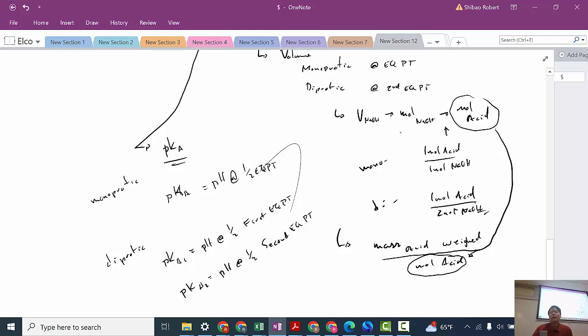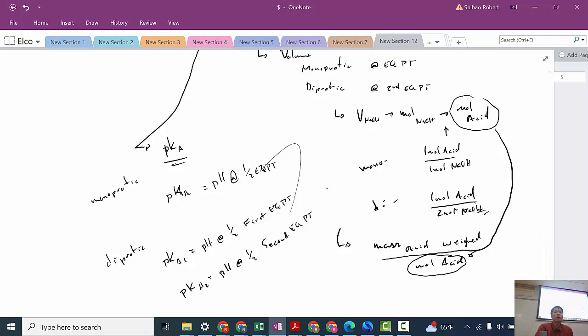Now, what would be more reliable, molar mass or pKa, in terms of identifying your unknown? What would you have more confidence in? The reason I'm asking you this is because frequently there's a conflict. pKa says it's a better match with this acid, whereas molar mass says it's a better match with an entirely different acid.